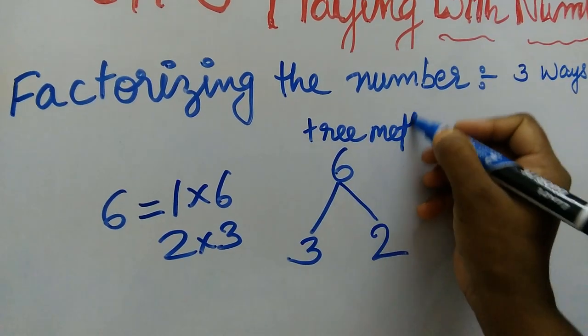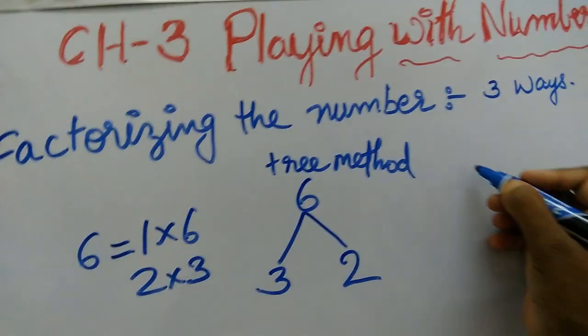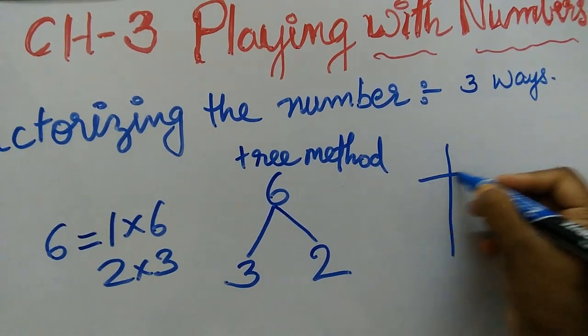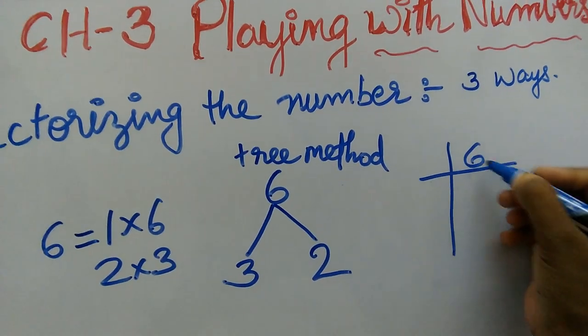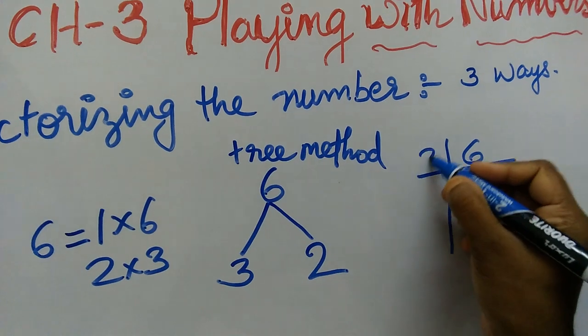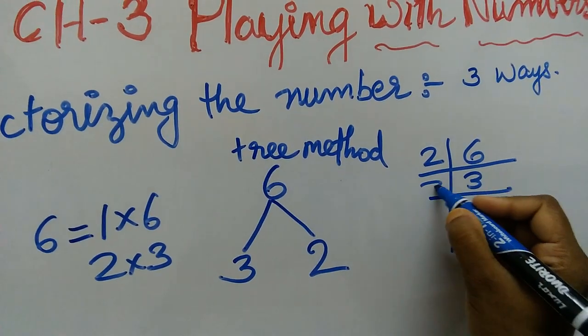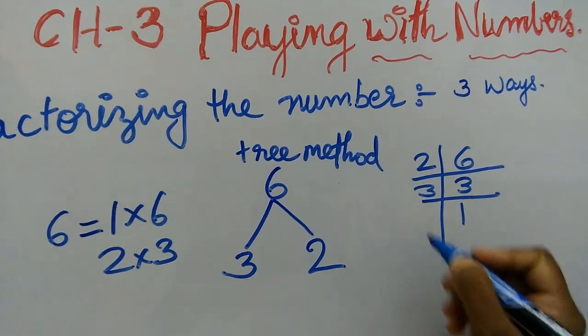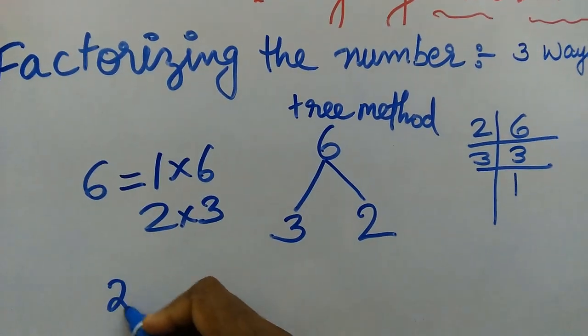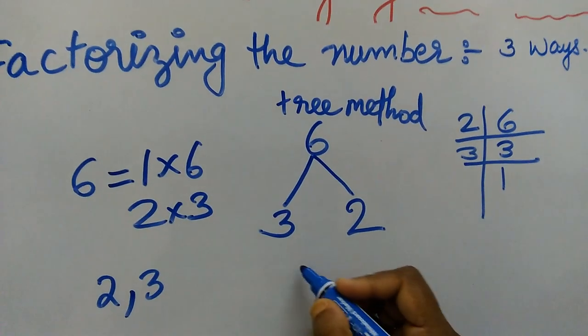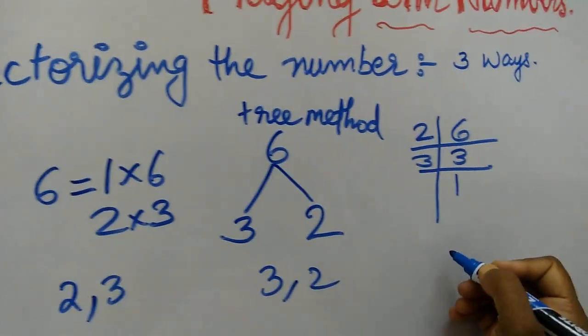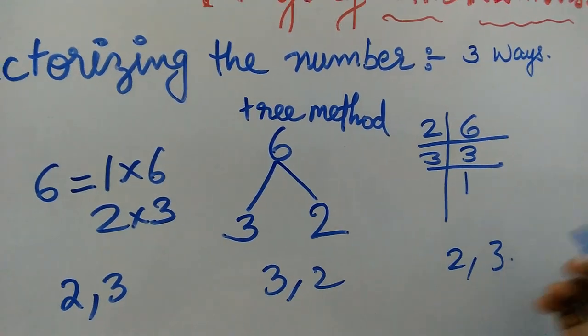Next, you can factorize using the division method. 6. How many times 2? 2 here 3 times. Then 3 here 1 time. So the factors are 2 and 3.